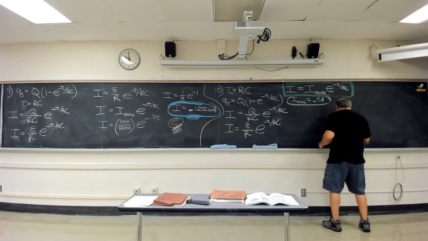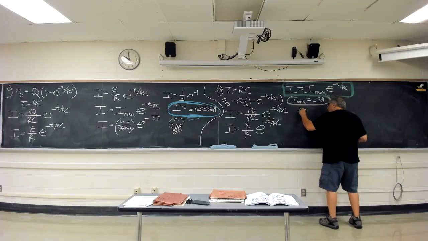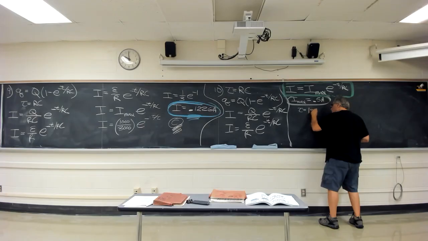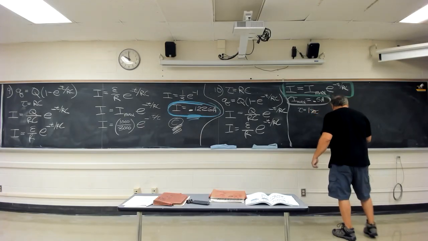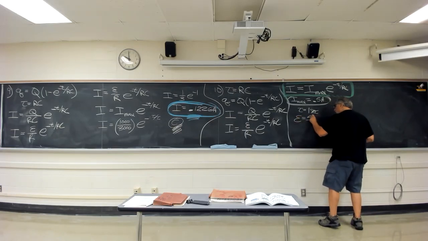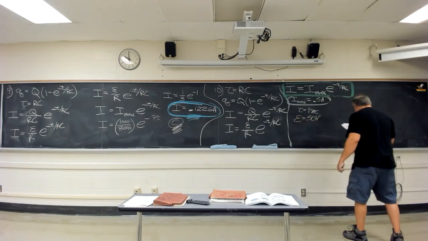They're telling us that tau is 1 second. E is 50 volts.